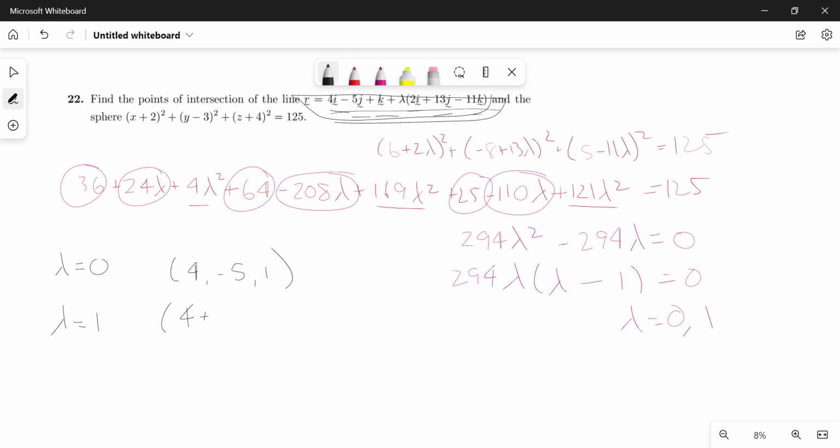We'll have a 4 plus 2, a -5 plus 13, just looking at the x's, then the y's, then the z's, and a 1 minus 11. So that's going to give us a 6, 8, -10. So there looks like there are 2 points of intersection between that line and the sphere.